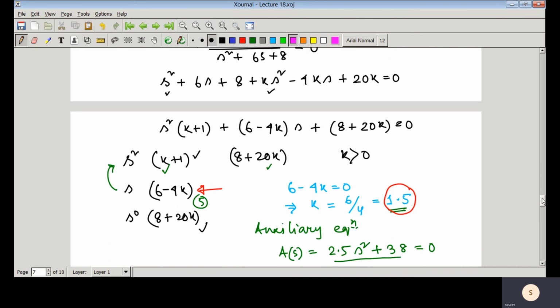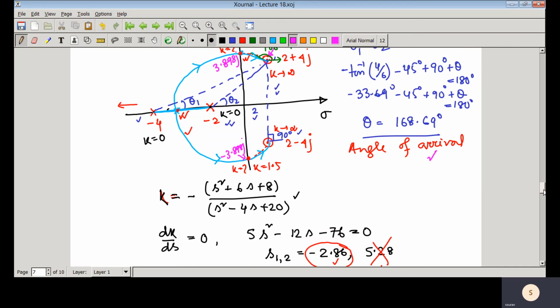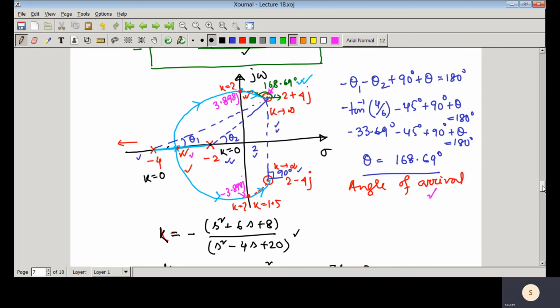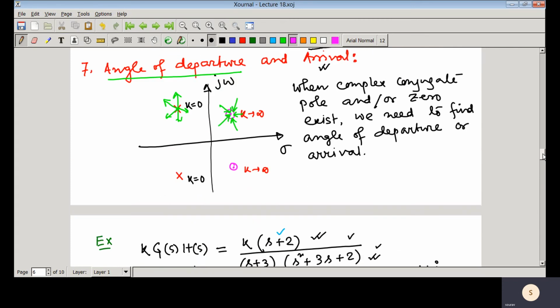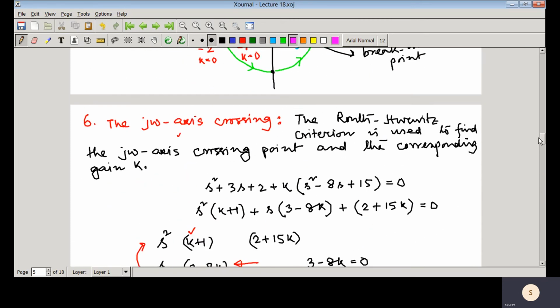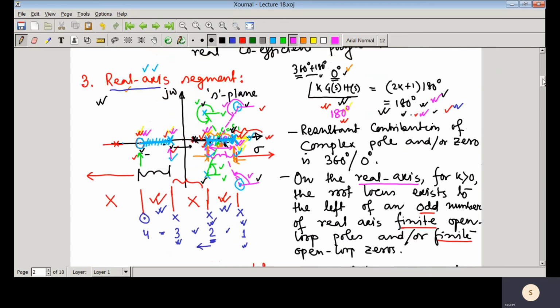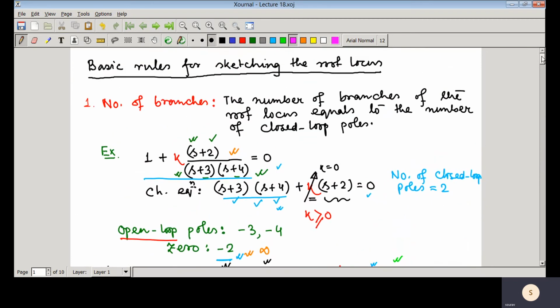We just got it by applying the Routh-Hurwitz criteria, and here we have also calculated the breakaway point just by taking the derivative. So these are the 7 rules that we have discussed. So let us summarize the rules for sketching the root locus.